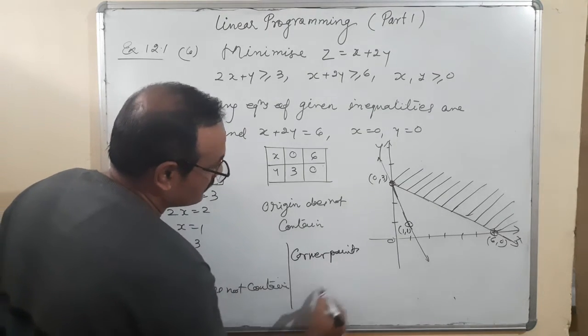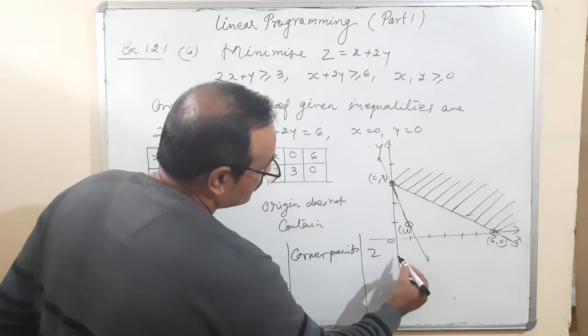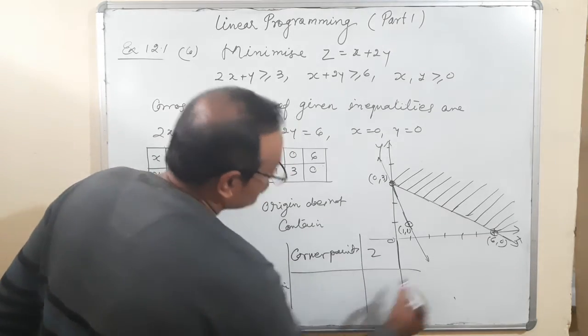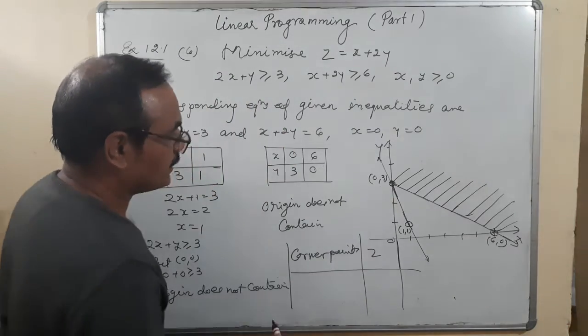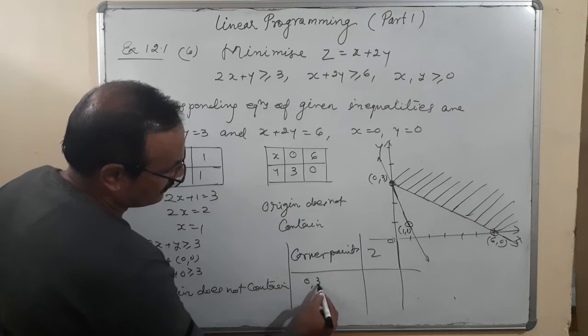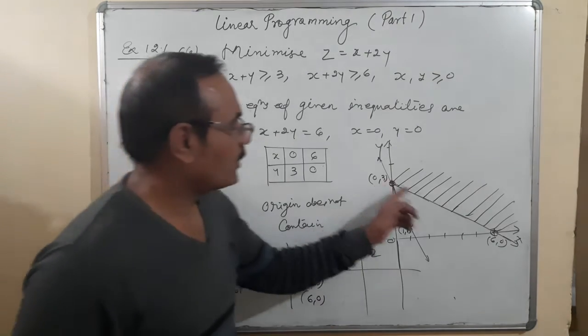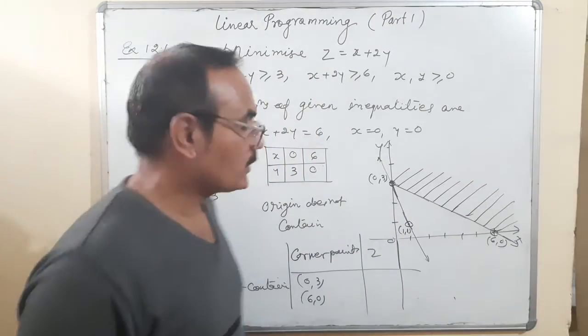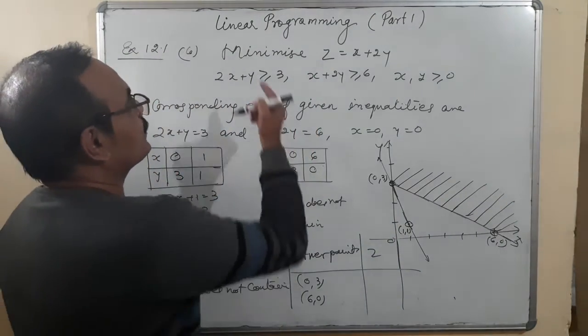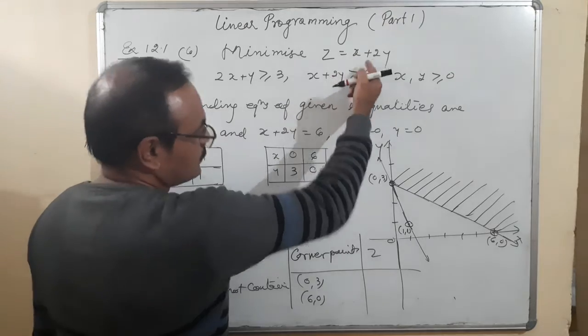The corner points are 0 comma 3 and 6 comma 0. Only these two are the corner points, no other corner points here. Z is equal to, for finding the minima, x plus 2y.